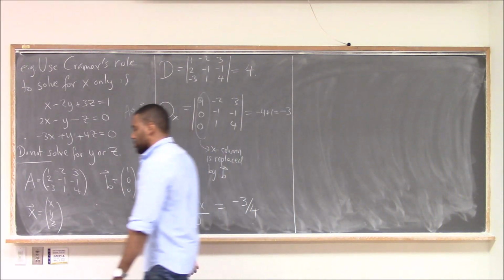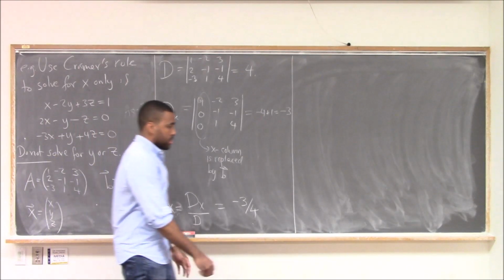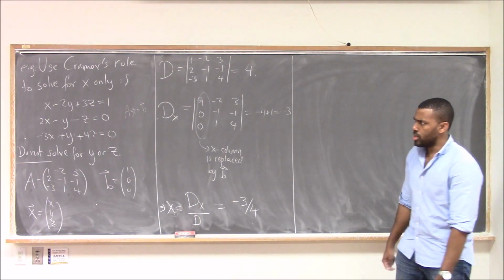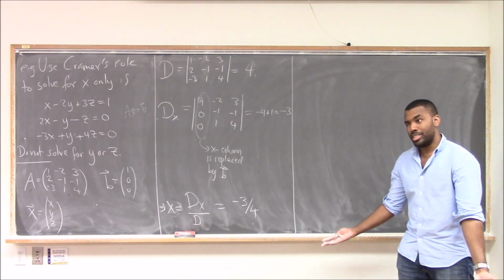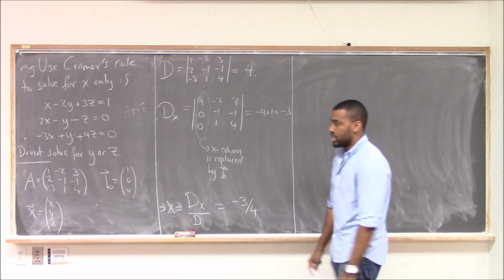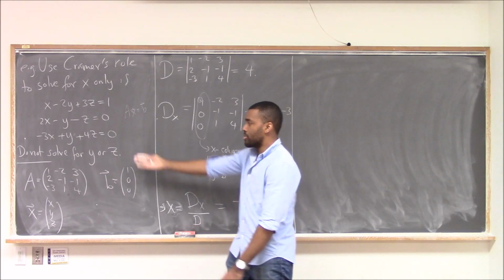So there's very typically a problem like this on the exams, and it will be on test 4, and more than likely it will be on your final as well. They'll give you a system. It's usually going to be a 3x3. I've never seen them ask a question like this for anything larger, and I've also never seen them ask it for a 2x2. So you can expect a 3x3, and they'll say solve for one of the variables only using Cramer's rule. Don't solve for the other two.